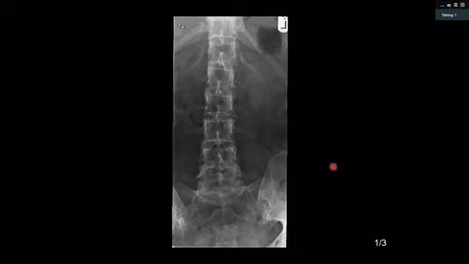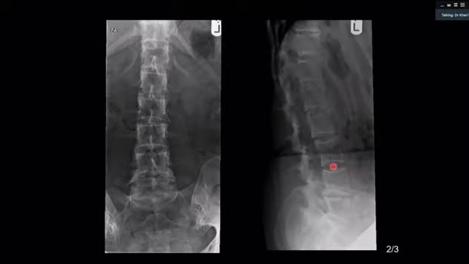I'm just looking to see the pedicles, which I'm finding difficult to see on this AP view. I can't see any pedicles at all, and the transverse processes are present. So in summary, this patient has clearly a congenital condition with absence of the pedicles in the lumbar spine.